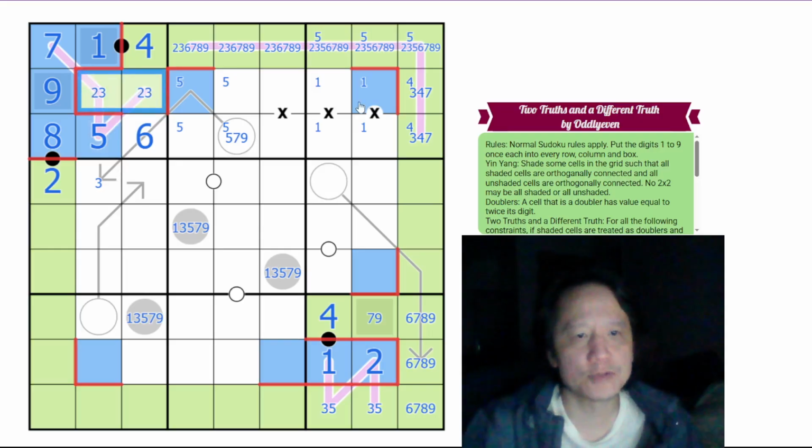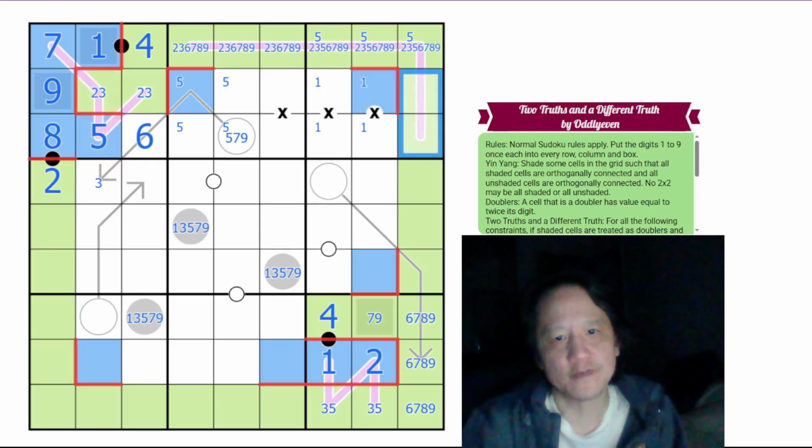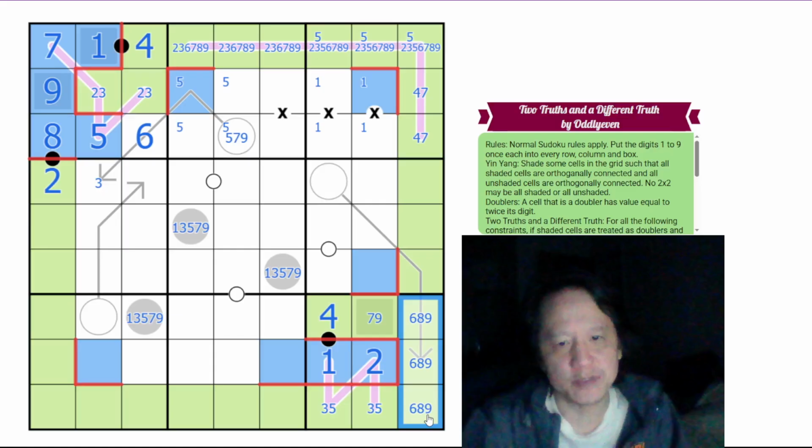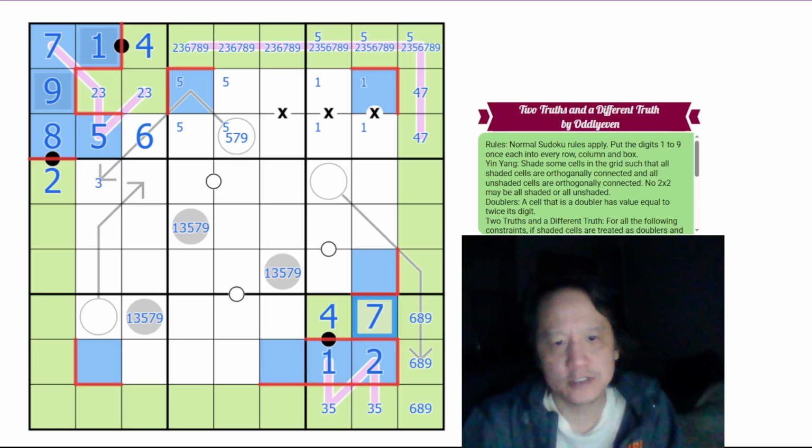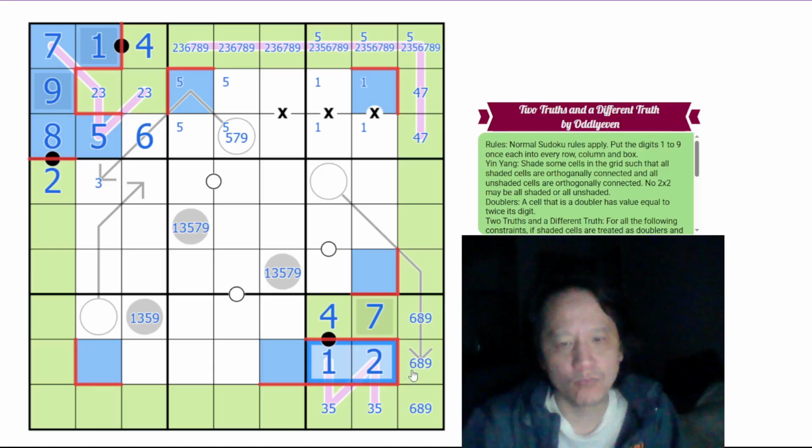Yeah, so this 2, 3, so that means this becomes a 4, 7 pair here, which eliminates 4 and 7 in the rest of the column. This can't be 7. This is 6, 8, 9, which eliminates 6, 8, 9 in the rest of the box. So this is 7, which means this can't be 7 here. This only works when it's not doubled.